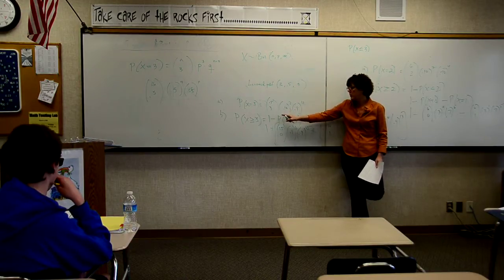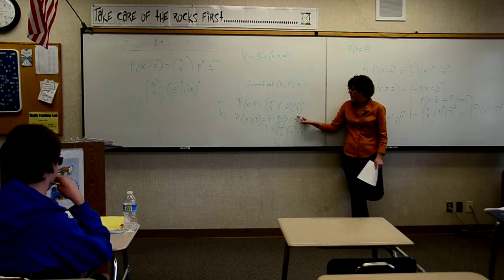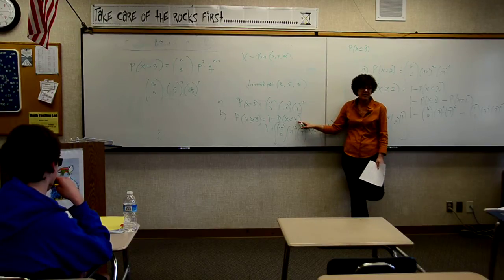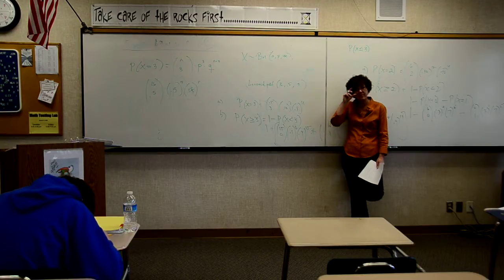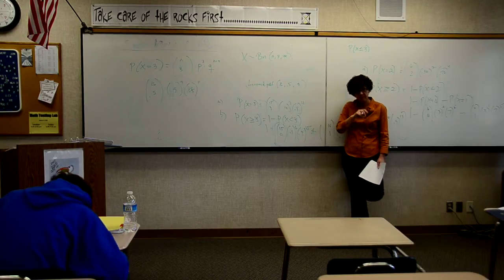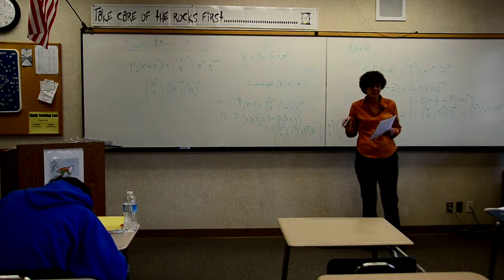Probability that X is greater than or equal to 3 is 1 minus the probability that X is less than 3. But if I do that on the calculator, I'm also going to get the probability that X is 3, right? You're going to add. So I would have to add that back. And couldn't you just find the probability? No. Well, I mean, you could do this, but I'm just kind of thinking shortcuts.